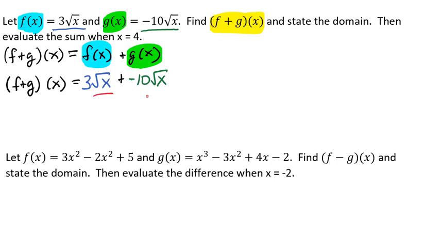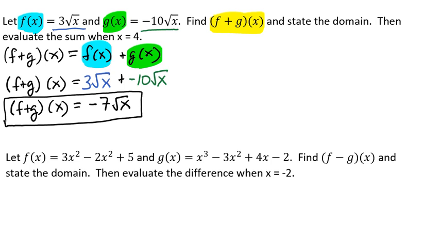Because both of our radicals have the same radical, we're able to add those together. And so that's going to tell us that our sum of f and g of x is going to end up being a negative 7 square root of x, and that is going to be our sum.